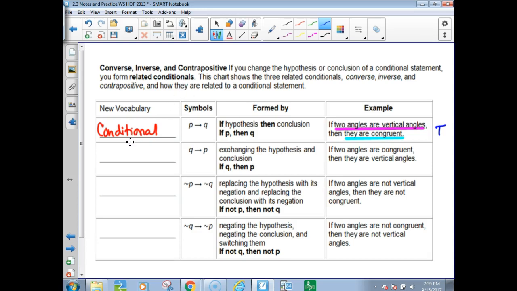The next statement I'm going to do is called the converse. And that switches the hypothesis and the conclusion. So instead of if P then Q, it says if Q then P. Okay, this is how we read the first one, if P then Q. The converse is if Q then P. So it switches the order.